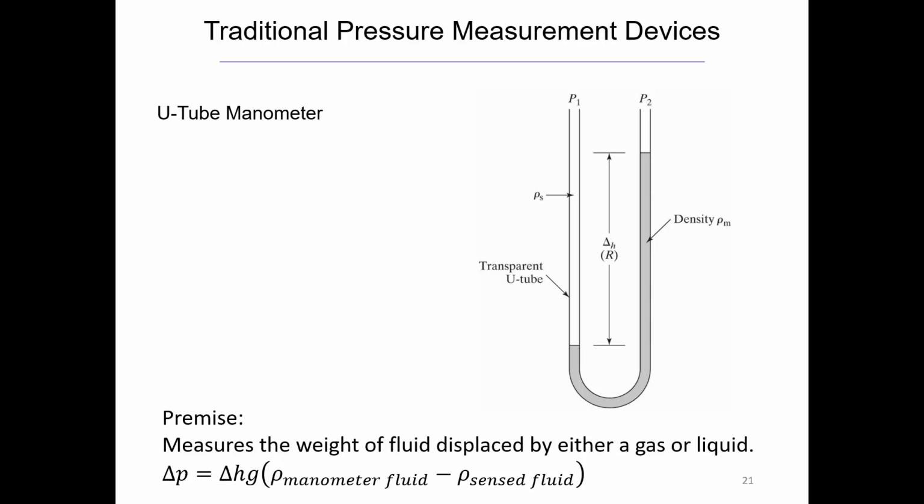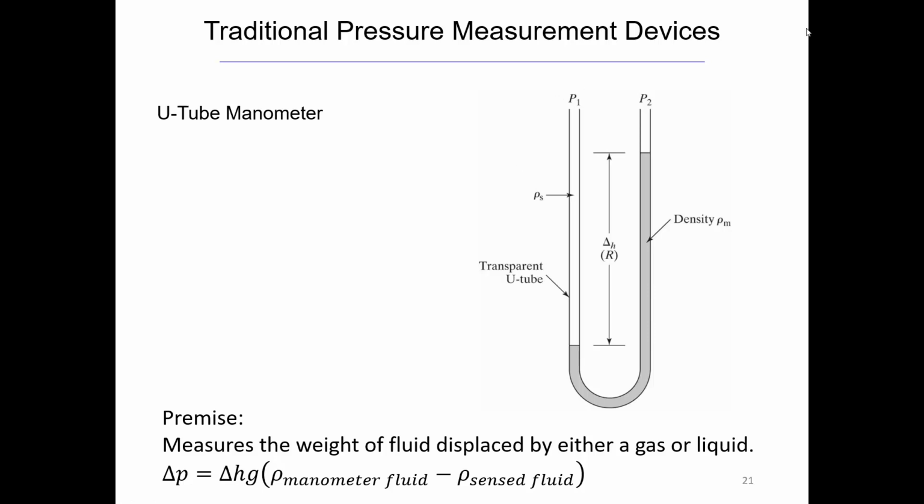or if we had one of them evacuated, if we sucked everything out of here and created a vacuum, we could measure absolute. But for this one, just think more differential. We'll get to that vacuum one. You'll see that in a slide coming up here soon.